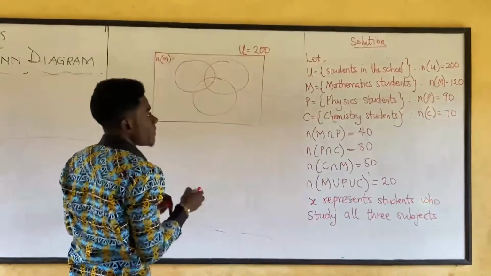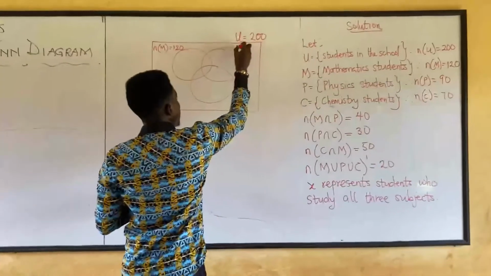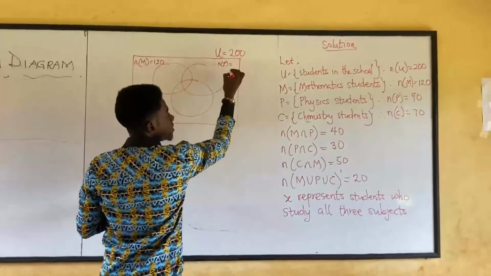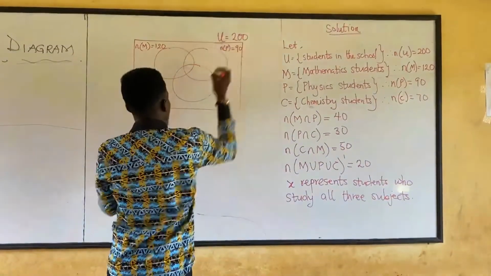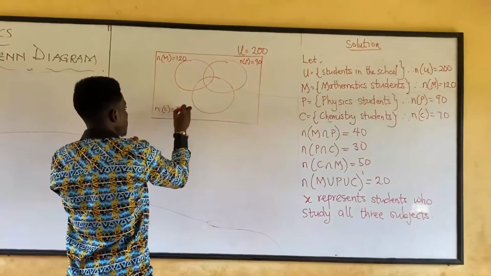And number of M was given as 120. Number of P is given as 90, and number of C is given as 70.